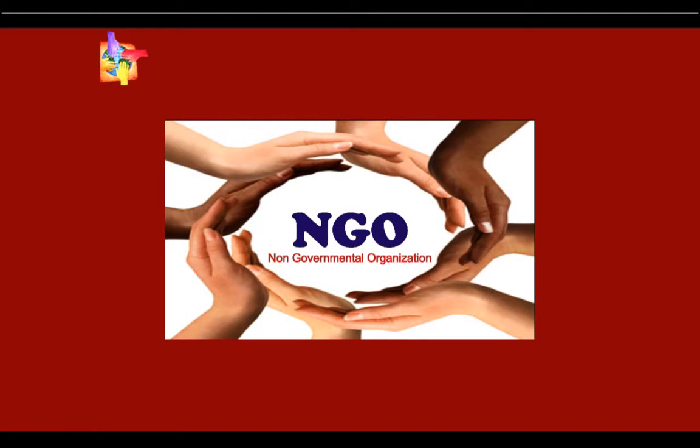The other example is the term non-governmental organisation, or NGO. We're familiar with that term. In theory, any organisation that doesn't belong to government, your local community centre, is a non-governmental organisation. But we tend not to use the term NGO for those organisations.